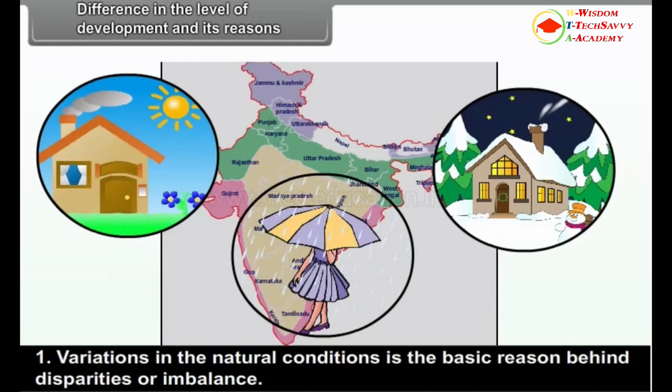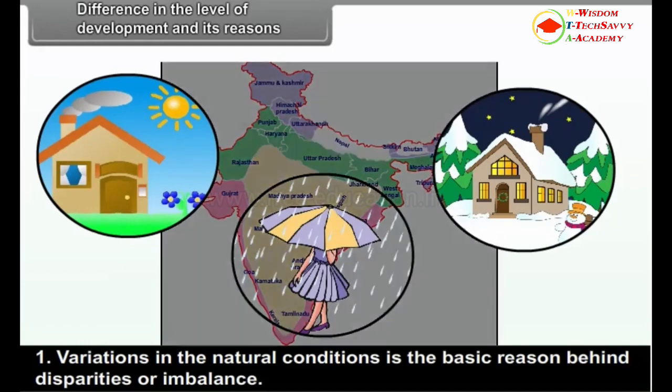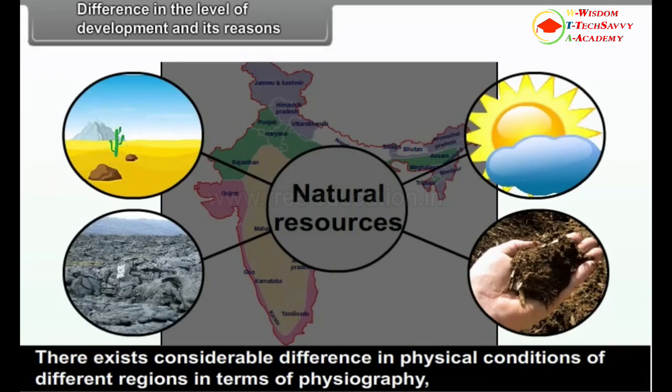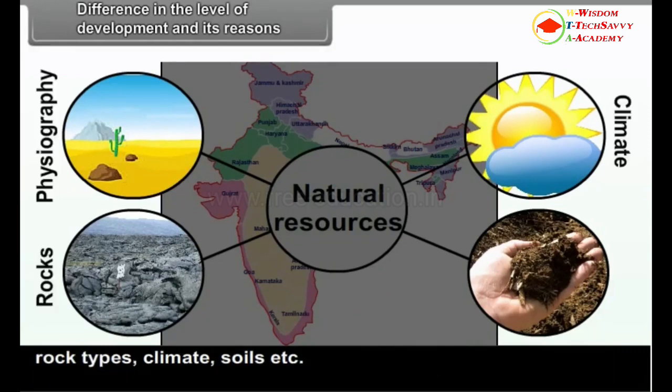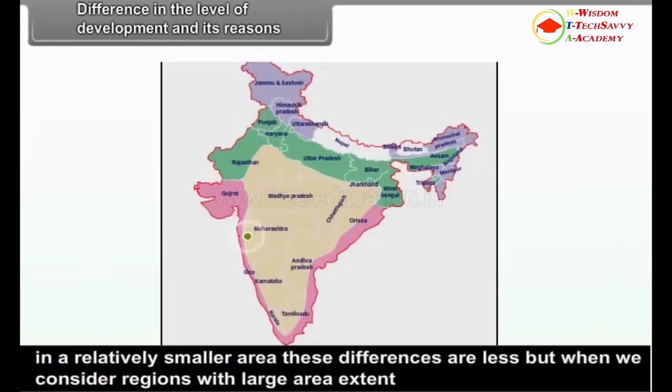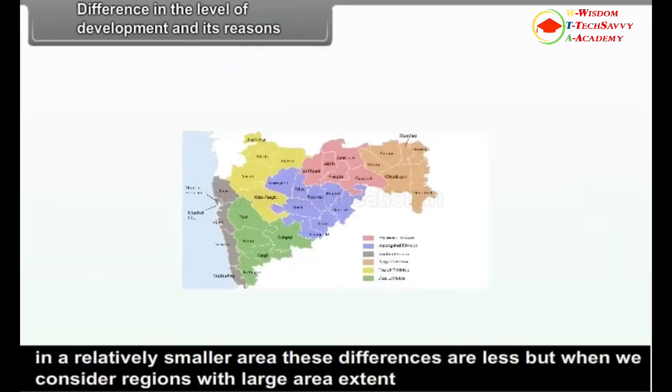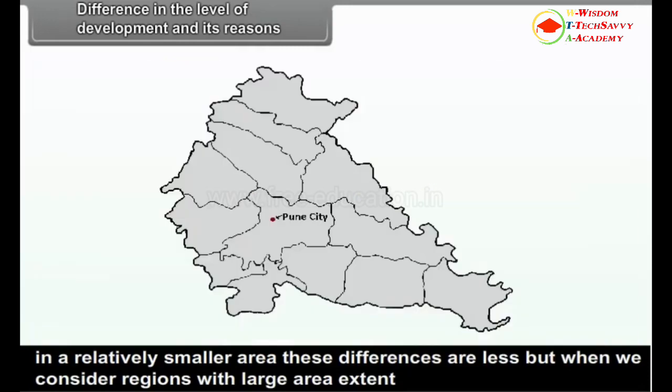Variations in the natural conditions is the basic reason behind disparities or imbalance. There exists considerable difference in physical conditions of different regions in terms of physiography, rock types, climate, soils, etc. In a relatively smaller area, these differences are less.